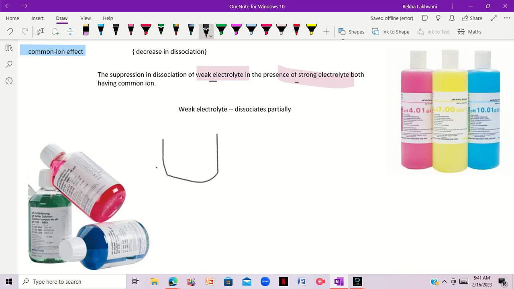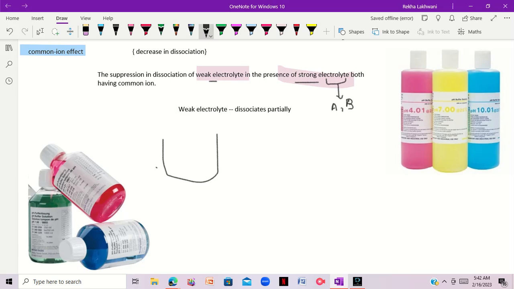What does that mean? Your electrolyte can be acid, A for acid. It can be base, or it can be salt.